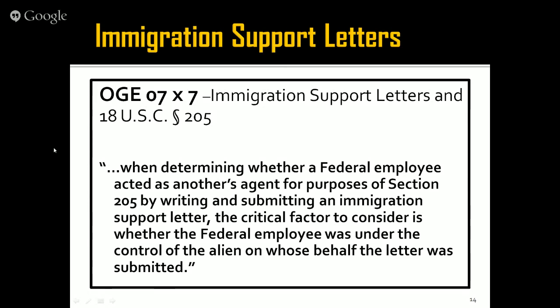That suggests to me that you're under some degree of control and direction by the immigrant. Right. Because it's not stating your personal opinions. You're just merely assigning your name to opinions that were expressed by this individual. Right. So it would be a circumstance like that that would transform what we have typically otherwise said is not a 205 concern into a potential 205 concern. Okay, that makes sense.